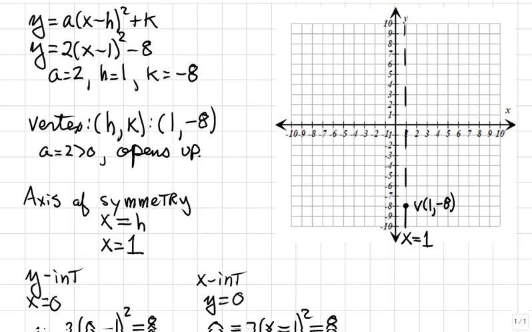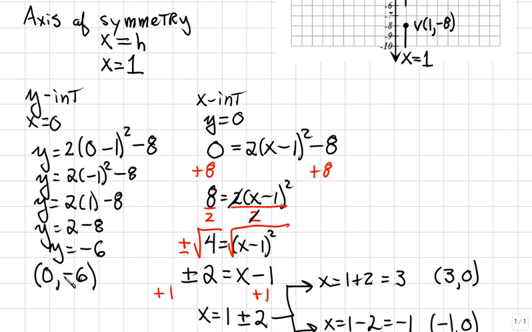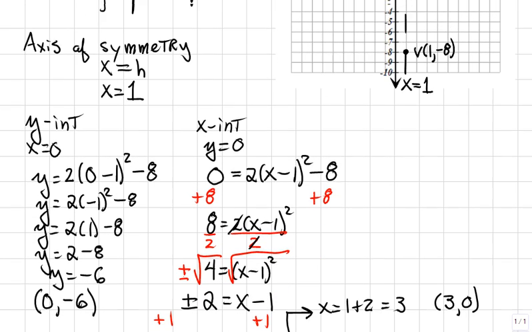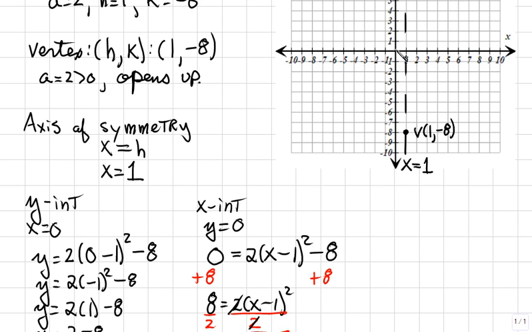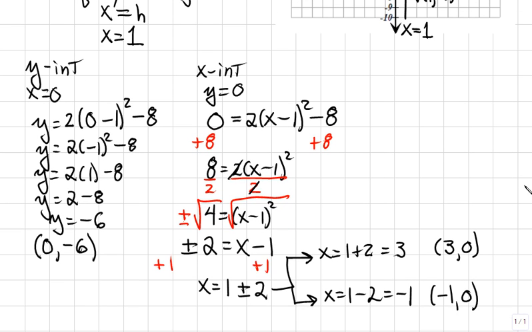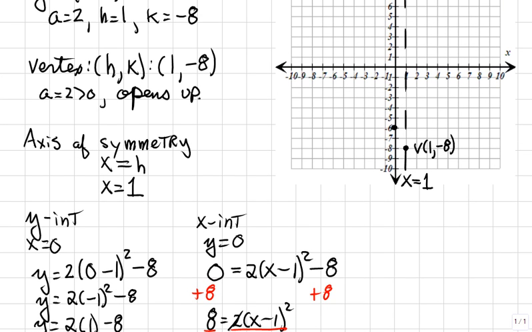We found that the graph will cross the y-axis at 0 comma negative 6, which will be 0 units left or right, and 6 down. And that it'll cross the x-axis at 2 points, being 3 comma 0 and negative 1 comma 0. That said, from the origin we'll go 1 unit to the left, or we'll go 3 units to the right.